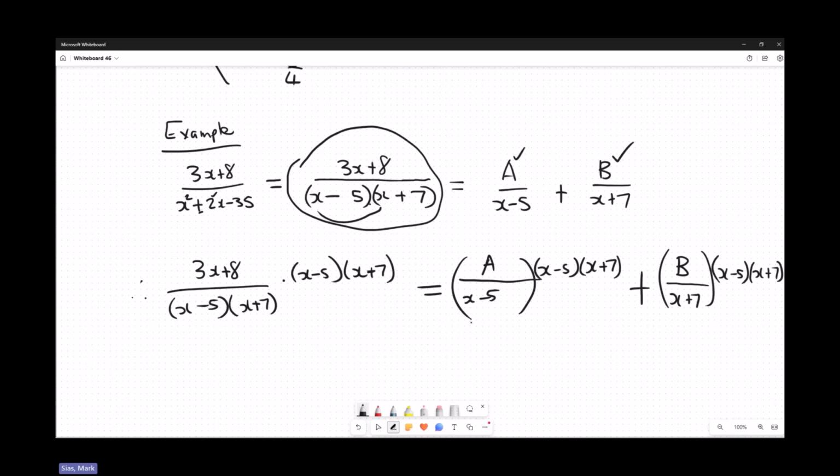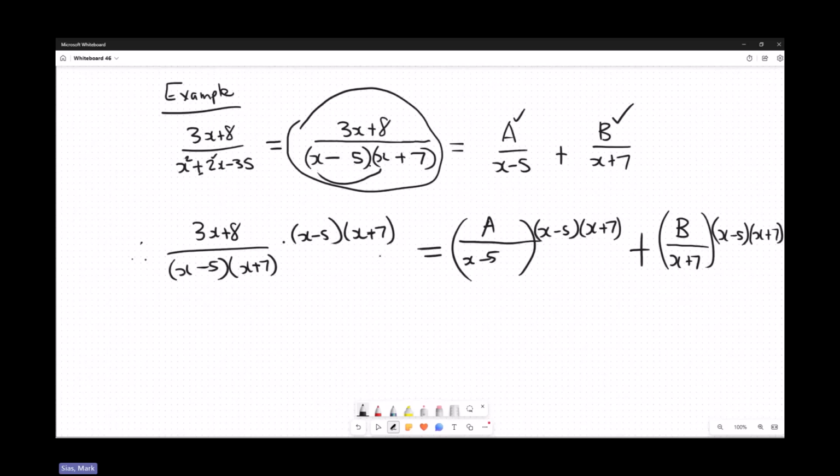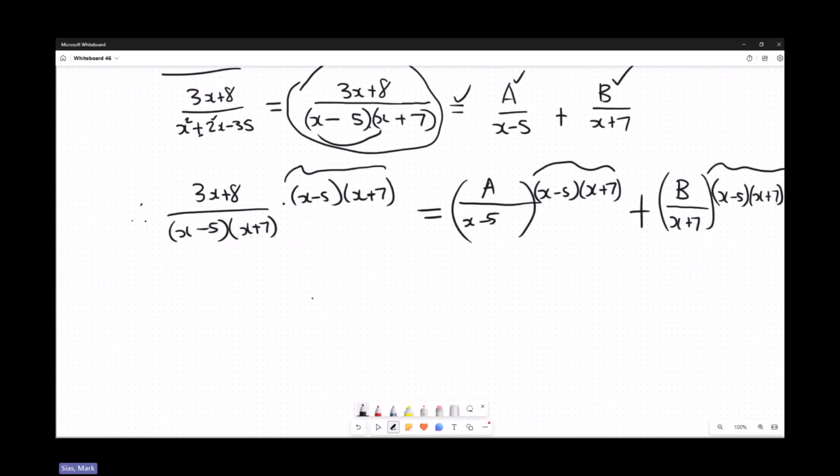Okay, guys. Because this is an equation, whatever mathematical operation I perform on the left, I must perform on the right with both those terms. Can you see that, guys? Are you happy there? So when I do my cancellations here, I remain on the left-hand side with 3x plus 8.